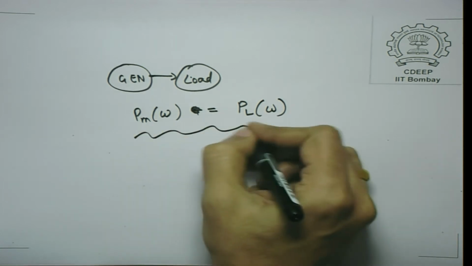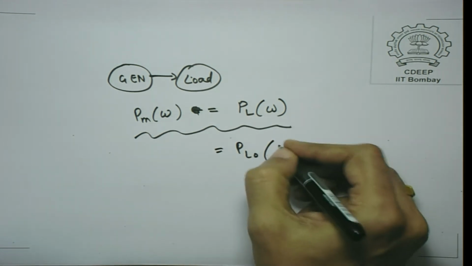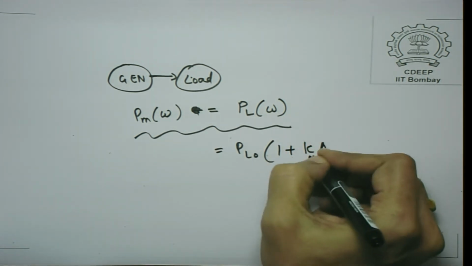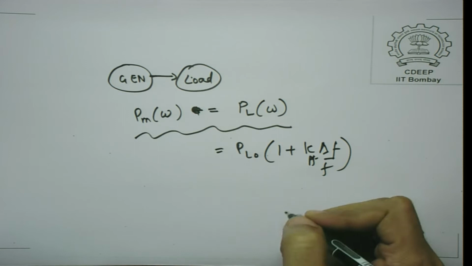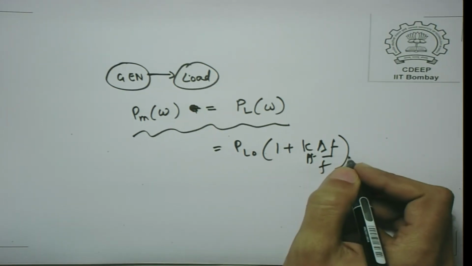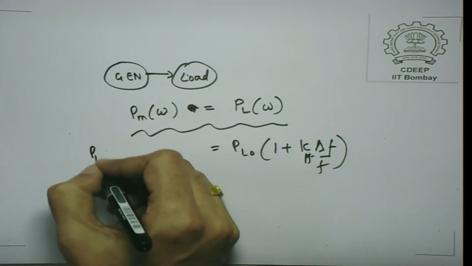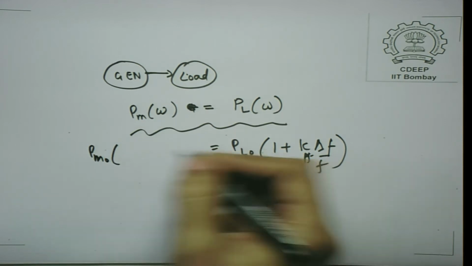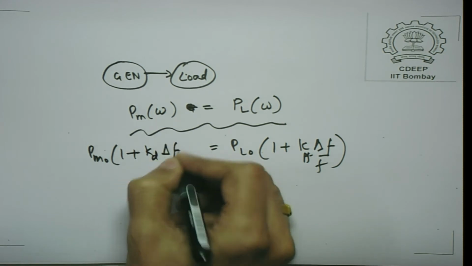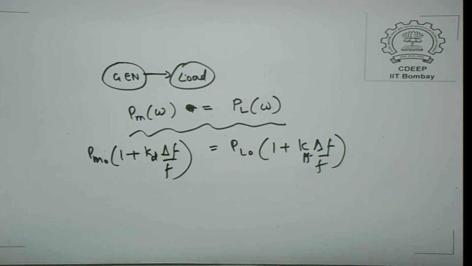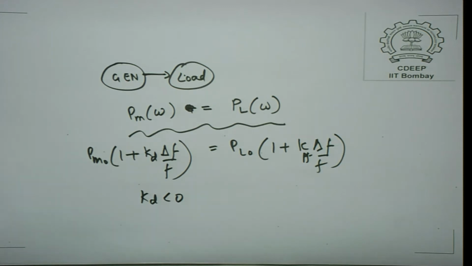So, you can express PL equal to PL0 times 1 plus KPF delta F by F. Let us assume that there is no voltage dependence for the time being. Suppose you have only frequency dependence. So, this is how your load dependence would be. Because of the governor, in steady state, this is a steady state relationship, you could have a similar relationship with Kd negative. Remember that in case frequency increases, the governor reduces the mechanical power.